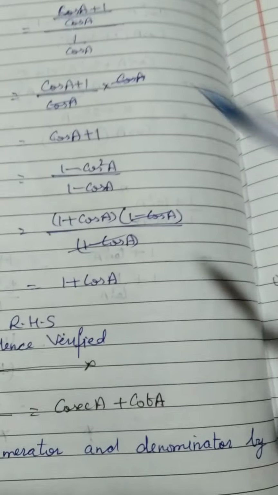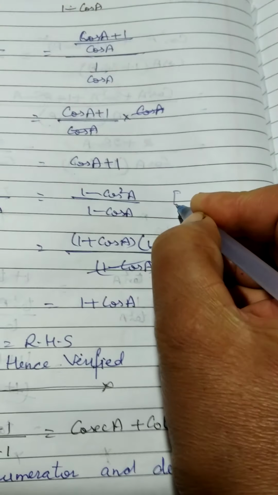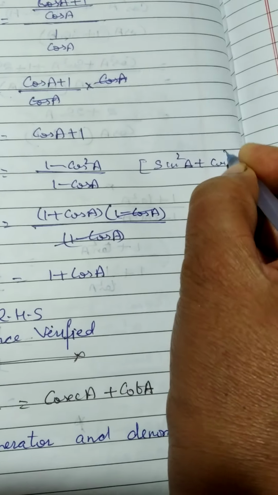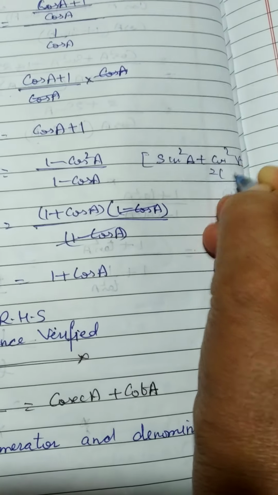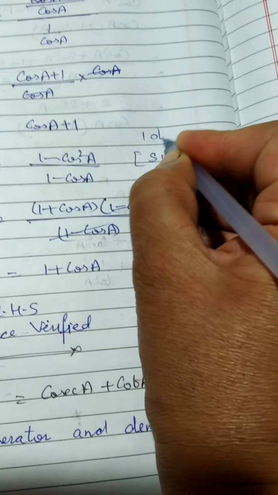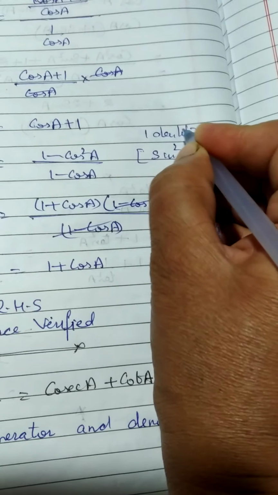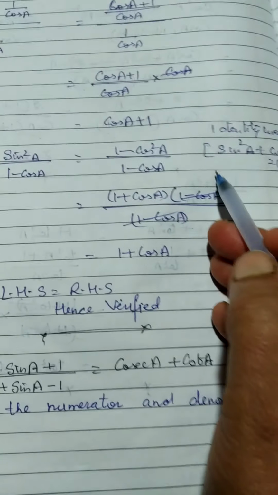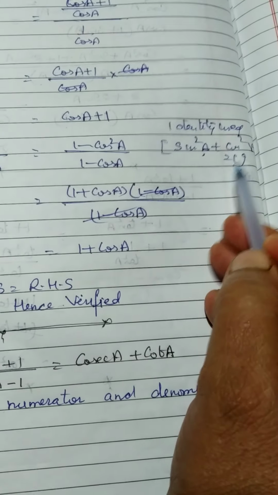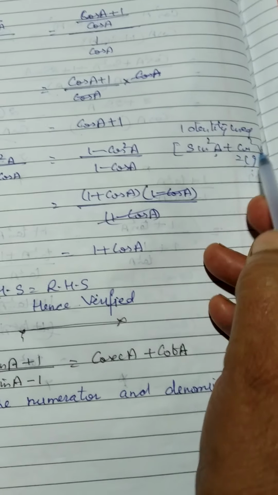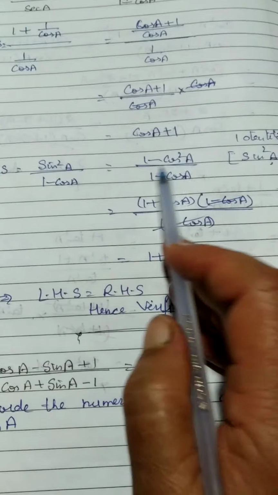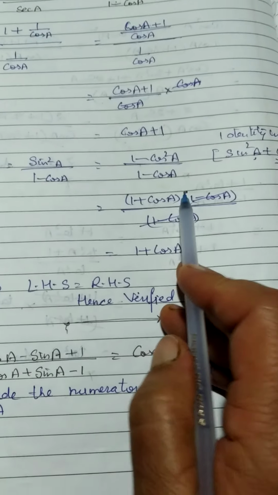The identity that we have used is sin square a plus cos square a is equal to 1. Then from here sin square a will become 1 minus cos square a. When we take this cos square a to the right hand side, it becomes (1 minus cos square a) upon (1 minus cos a).